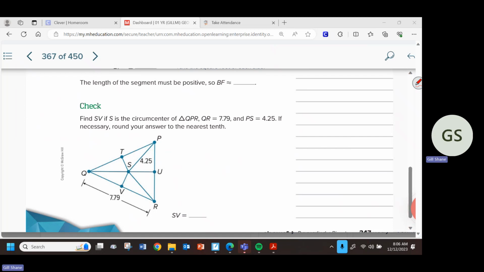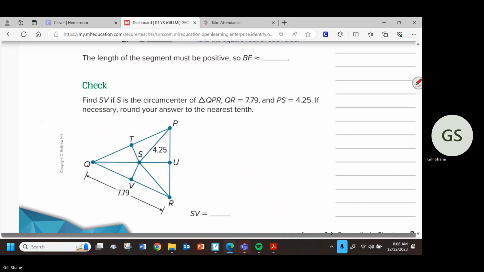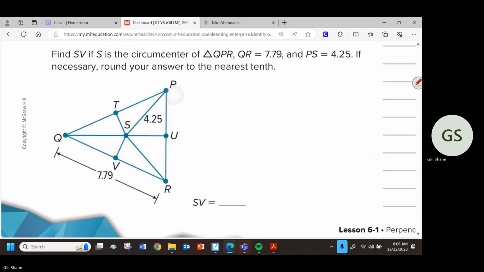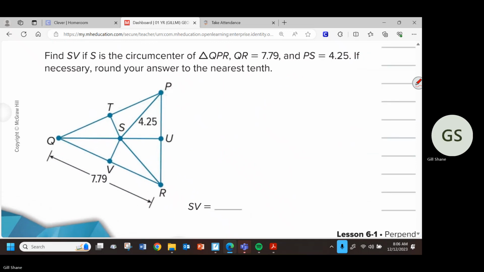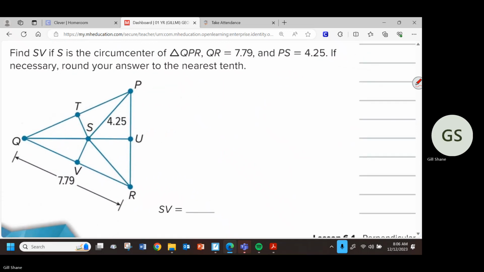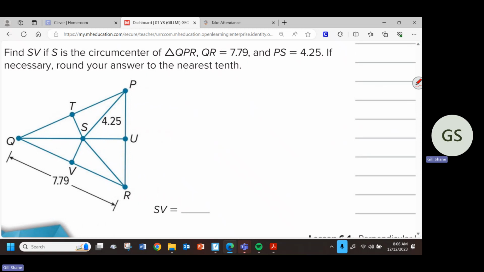Attendance already. So, cool. Plenty of room to work on that.